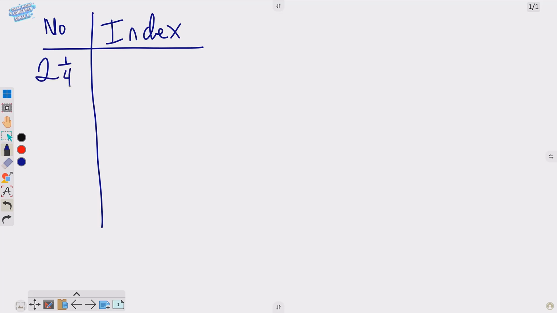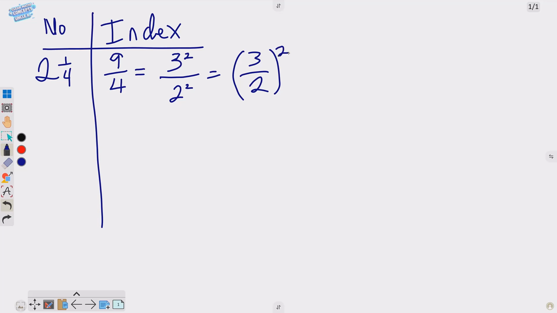You take this to improper fraction, which is what? 9 over 4. So this would be 3 raised to power 2, which is 3 times 3, right? Then 4 is 2 times 2, that's 2 raised to power 2. So you leave it as 3 over 2 raised to power 2, because the power 2 is common to both of them. So you just put that in a bracket.